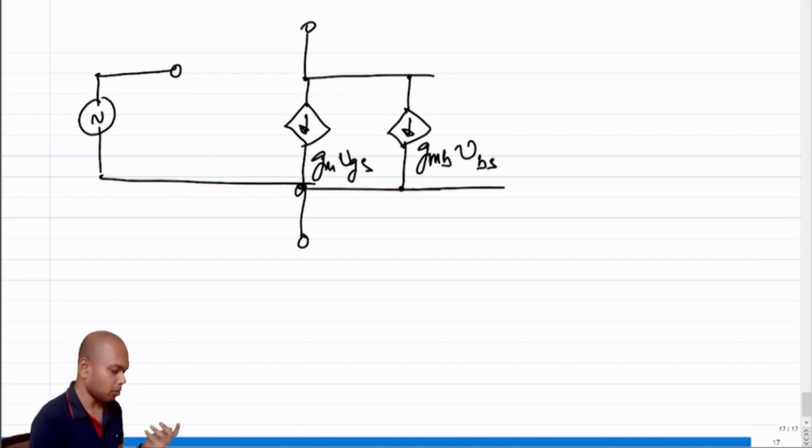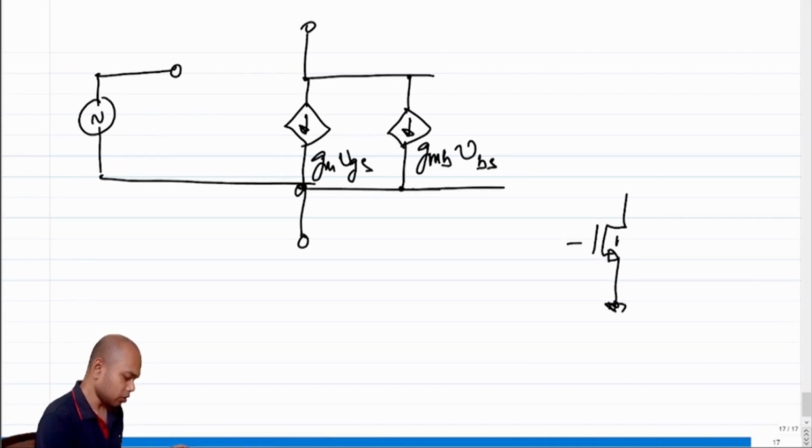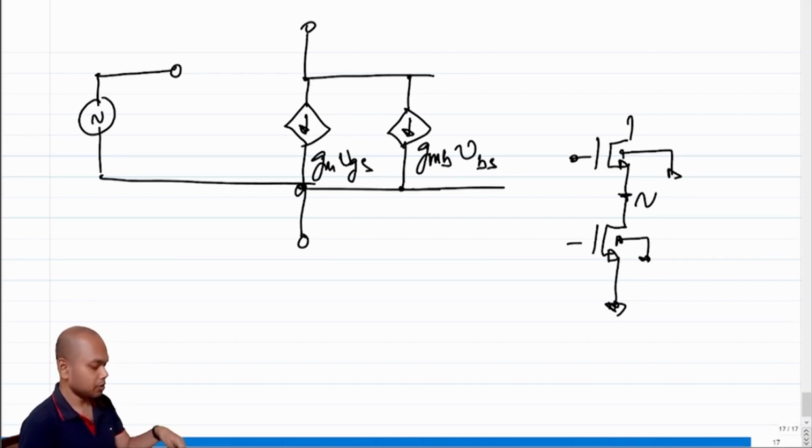For example, in a common source amplifier, the source is fixed, so the body is also fixed, so this doesn't come into the picture, right? But in, let's say, a cascode transistor, the source is moving but the body is grounded, which means this will come into the picture, right?